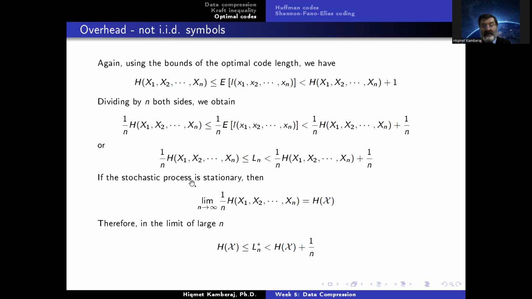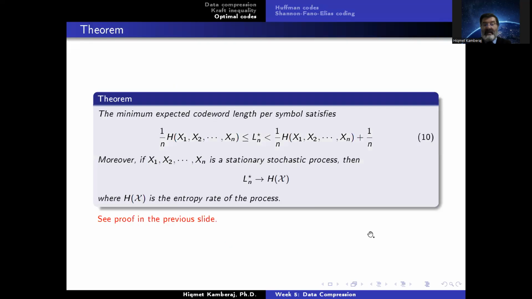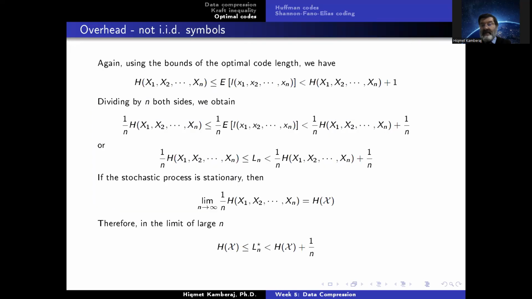If the stochastic process is stationary, then we take the limit when n goes to infinity of 1 over n times H of X1, X2, ..., Xn, and this will give me the entropy rate exactly. Therefore, in the limit for large n, we obtain that L_n star, the optimal expected code length, is greater than or equal to the entropy rate and less than the entropy rate plus 1 over n. We can notice that if n goes to infinity, then 1 over n goes to 0, and in that case the overhead is removed.